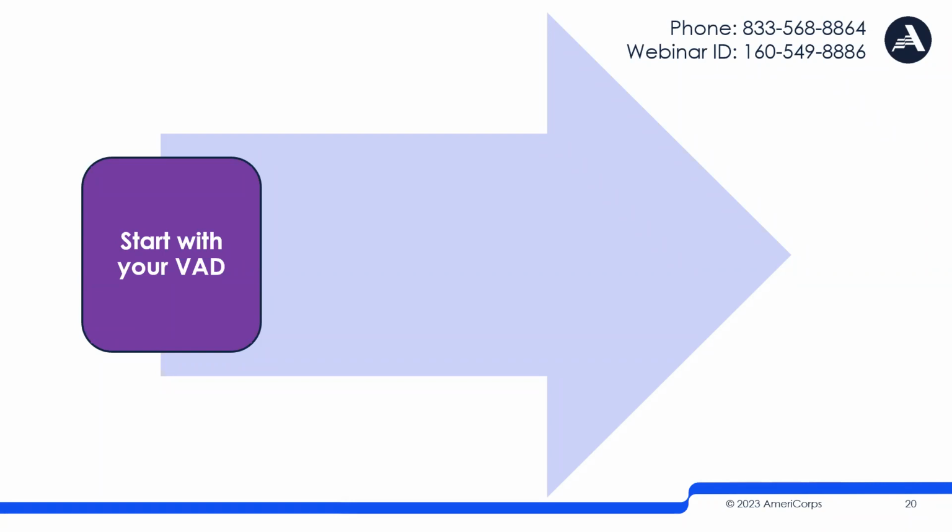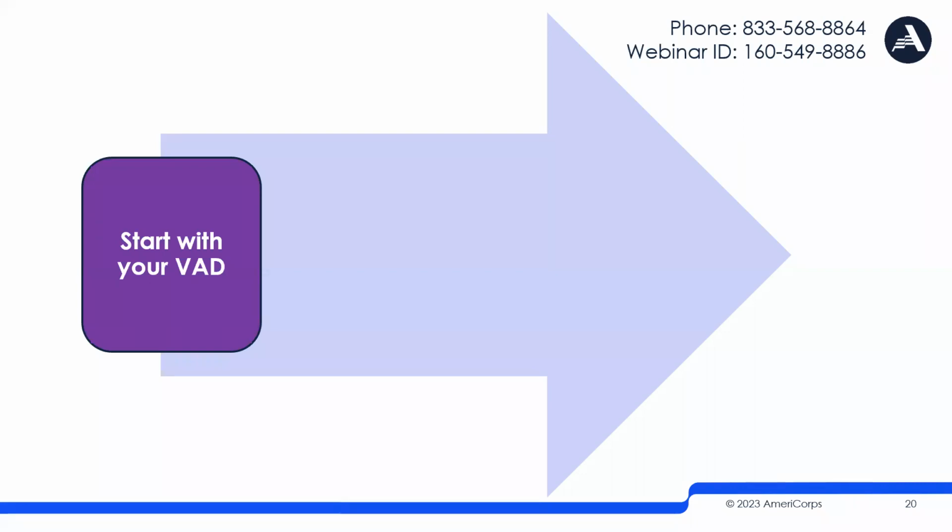They give you a little bit of a sense of what you will be doing as a VISTA member, but they don't really tell you the how and the when and the with whom and in what order. They don't break it down a lot. I think VADs paint a nice picture, but the details is where I think a work plan comes in. So phase 1, get to know your VAD, know it in and out, update it if it needs to be updated, make sure that it is your friend.